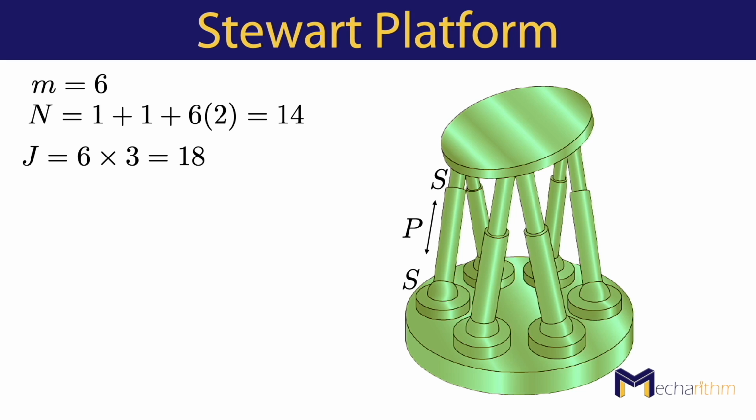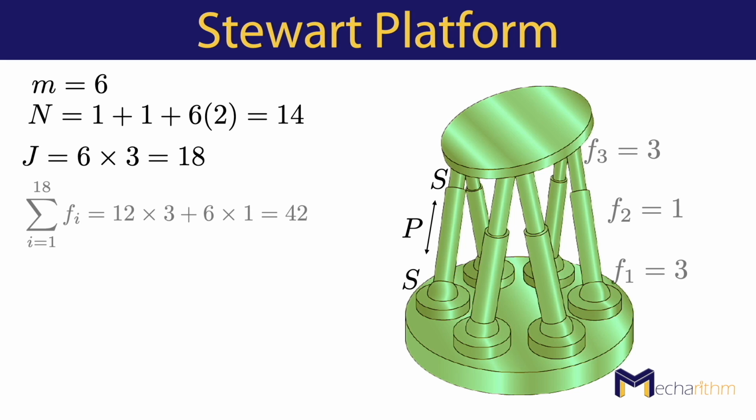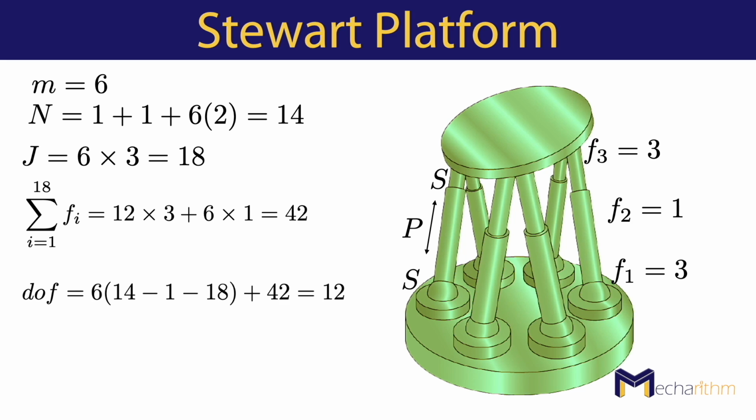It has 18 joints because each leg has 3 joints. So 6 times 3 is equal to 18. And each leg has 7 degrees of freedom. So overall, it has 42 degrees of freedom for the joints. So using Grübler's formula, the degrees of freedom of a Stewart platform is 12.